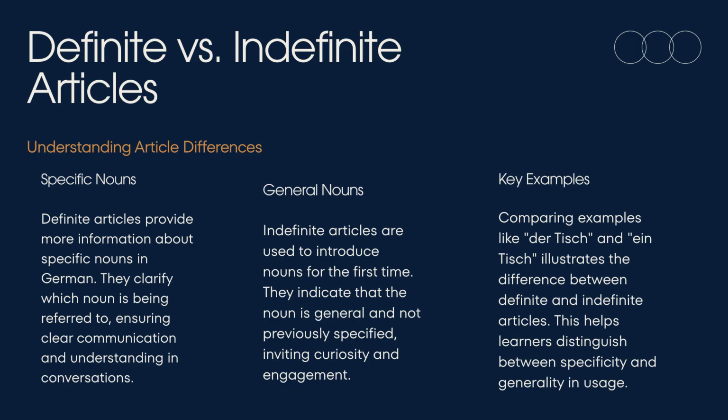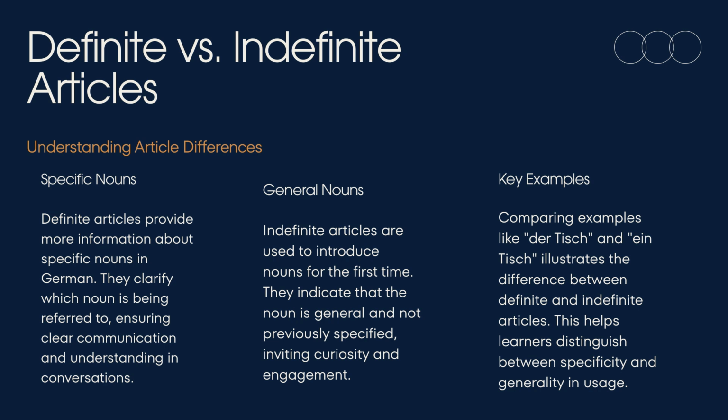What is the key difference between definite and indefinite? Definite articles provide more information about the noun, but indefinite articles introduce a noun for the first time. In this example we are using both. We use an indefinite article to introduce the noun for the first time, then we use a definite article to provide more information about the same noun.